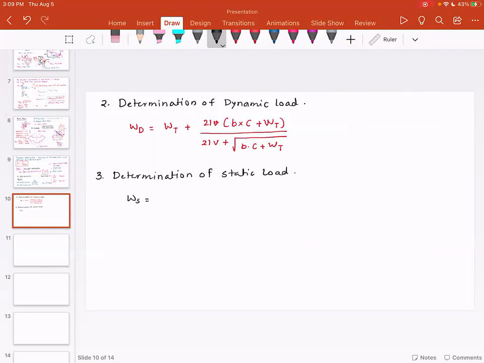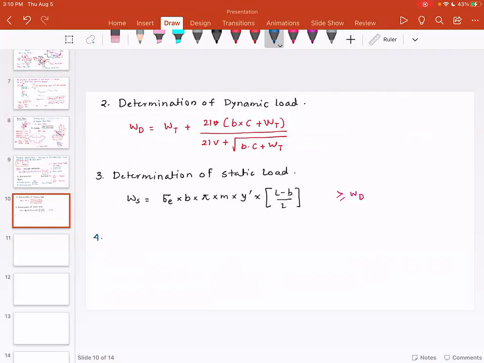Ws is given by the equation sigma E multiplied by B multiplied by pi times M multiplied by the Lewis's form factor multiplied by the Bevel factor. And for design to be safe, Ws has to be greater than Wd.